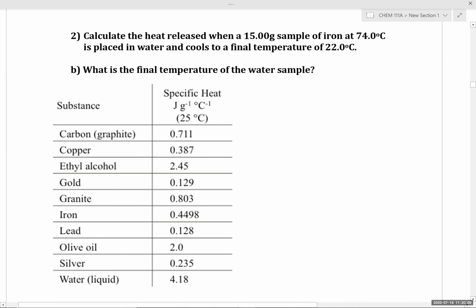And I'd also like you to tell me what is the final temperature of the water sample in this case. So let's spend about 3 to 4 minutes on this problem, and then we'll discuss momentarily. Again, don't be shy to submit your proposed responses to me via the chat, to ask your questions via the chat, or to unmute and ask your questions verbally.